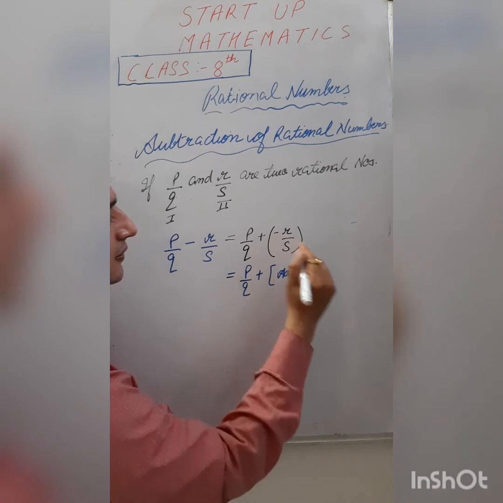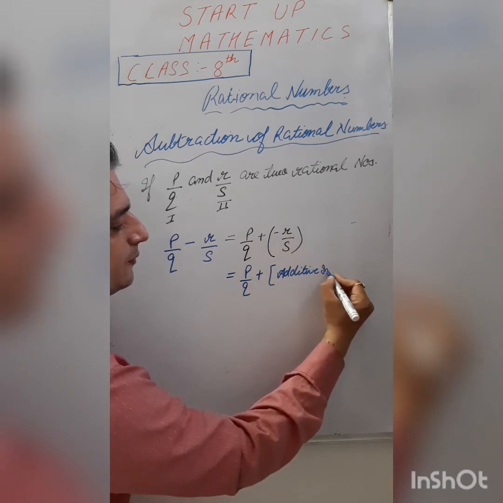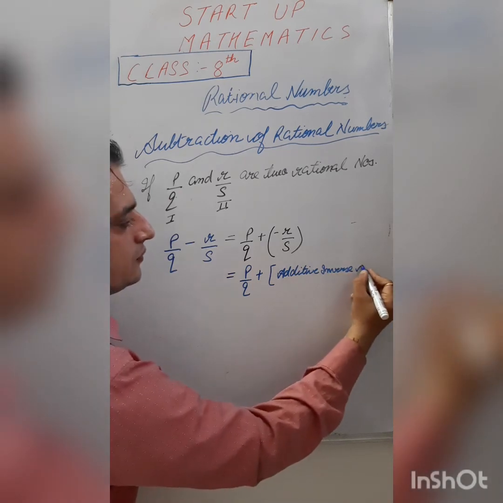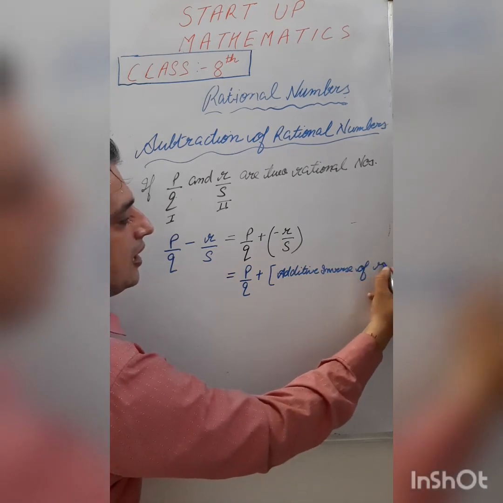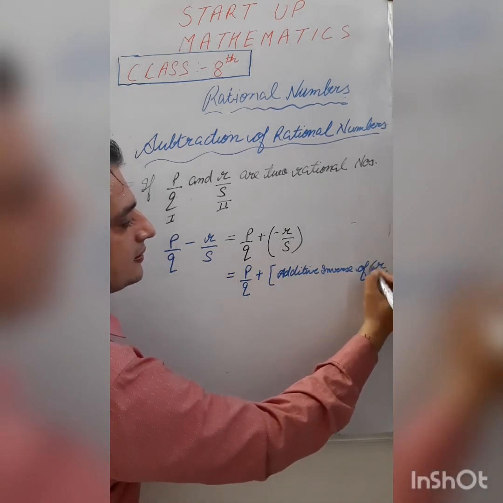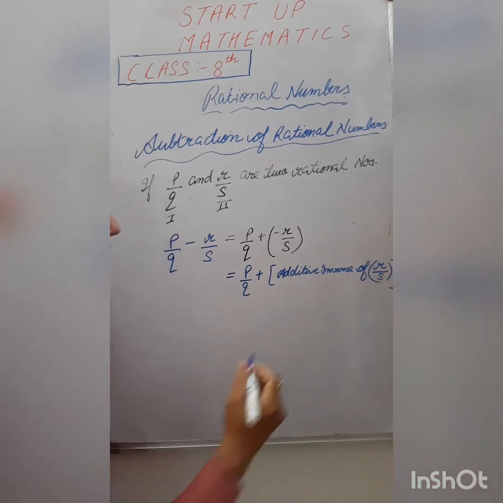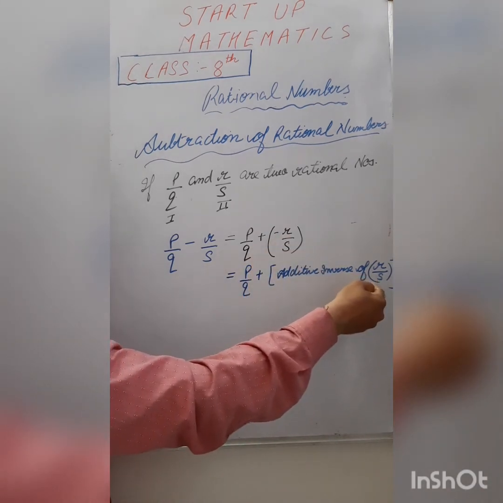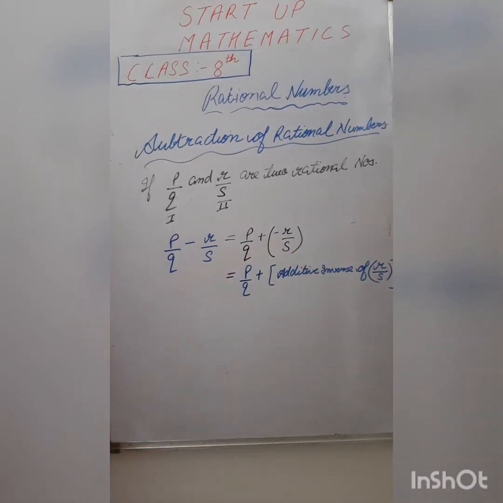If it is negative, definitely it is the additive inverse of a positive number, its opposite number, additive inverse of R by S. Means you are adding the additive inverse of R by S in P by Q. Rest is same, right?